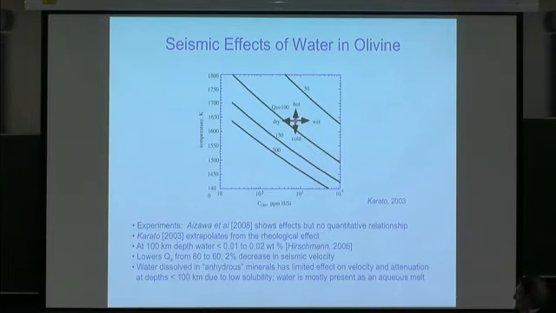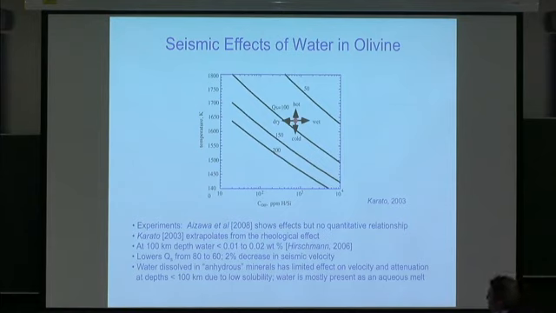The work that Shun's done basically extrapolates from the effect of water in olivine on the rheology of olivine, and he has this figure here where he's showing how the change in the amount of water in olivine will cause perturbations to the PREM attenuation for the asthenosphere.